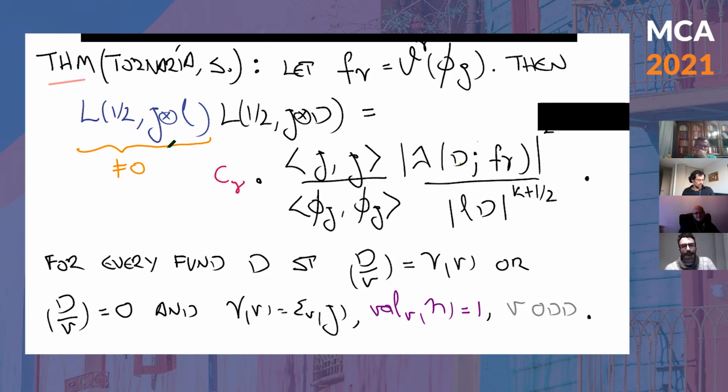So going back to Gross, as you see here, in the case of Gross, you had L equal to 1. Here you have this extra factor, which is the central value of G twisted by an auxiliary parameter L. Of course, everything is going to be meaningful as long as this is not 0. The thing is that we can actually choose L in a way that this is non-zero, as long as the functional equation allows.